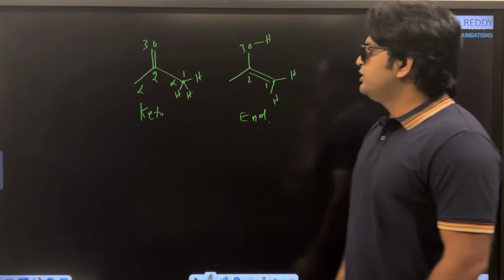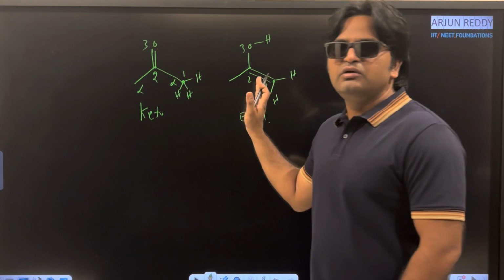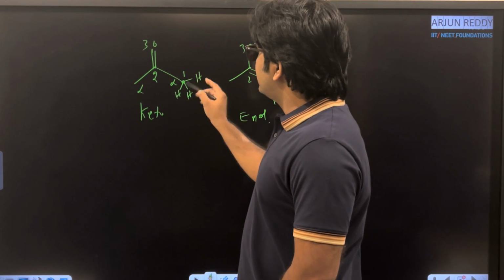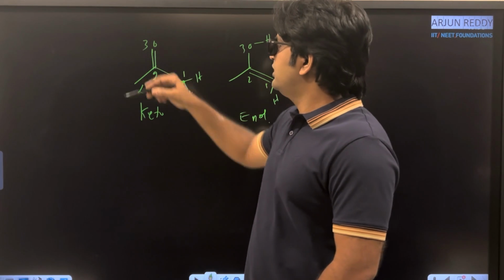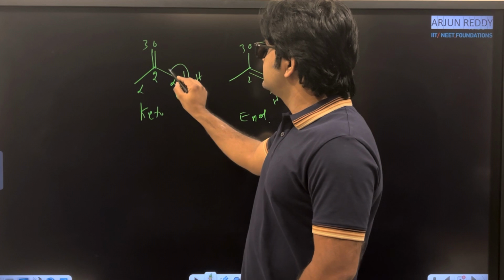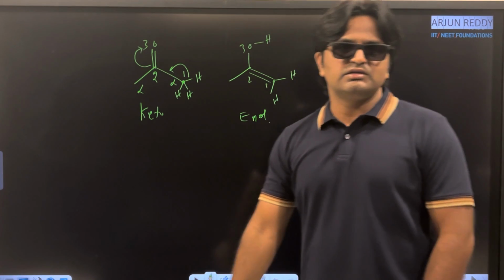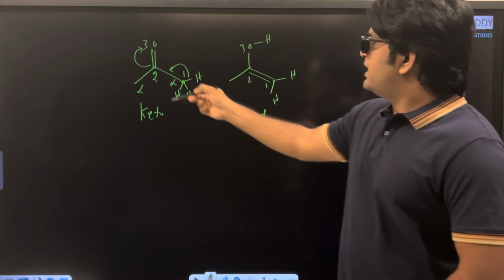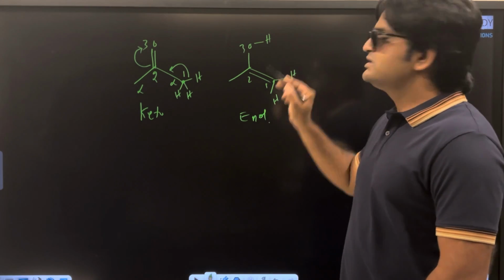Okay. So how are we converting this keto form into enol form? To convert keto form into enol form, we are transferring a proton from the first carbon to the third oxygen atom. How are we representing this? The sigma bonding electrons are moving like this, and the pi bonding electrons are shifting from carbon to oxygen atom. Then finally you get this enol form.